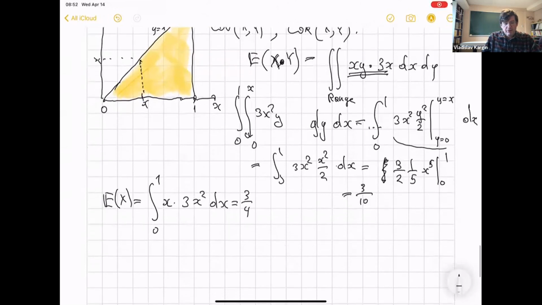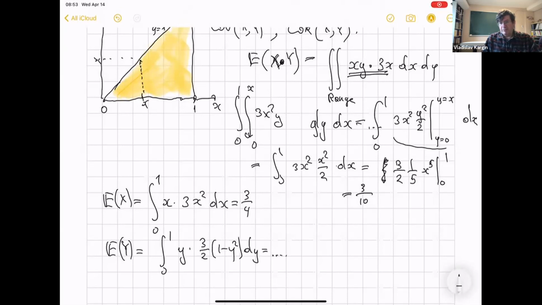And now the expectation of y is the integral over the range of y, 0 to 1, of y multiplied by the marginal density of y, which I think was 3/2 (1 minus y squared) dy. This is a little more complicated integral, but we found that this is equal to 3/8. Let me check it.